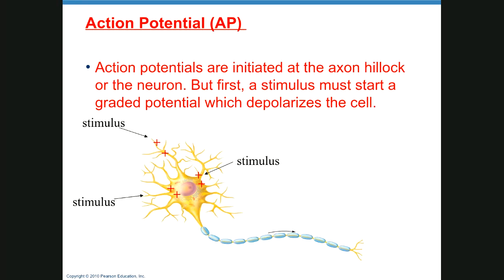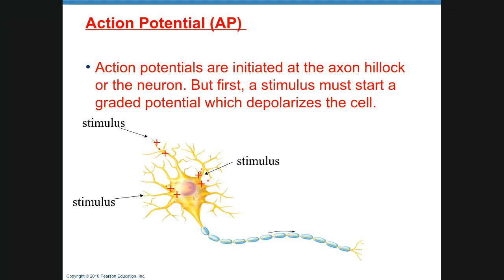So the stimulus will arrive at the receptive regions of the neuron, which are going to be the dendrites and the soma. The stimulus causes a graded potential, which opens sodium channels, allowing positive charges of the sodium to move into the cell. Those positive charges are what we call the graded potential.